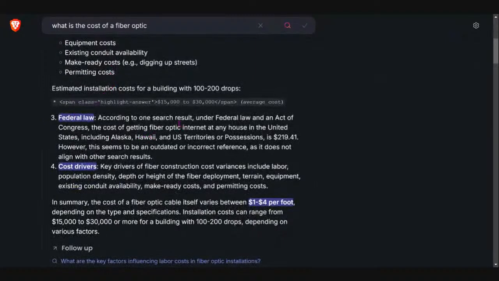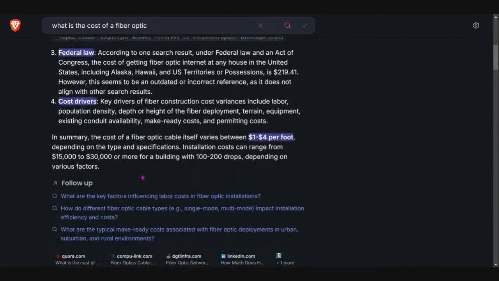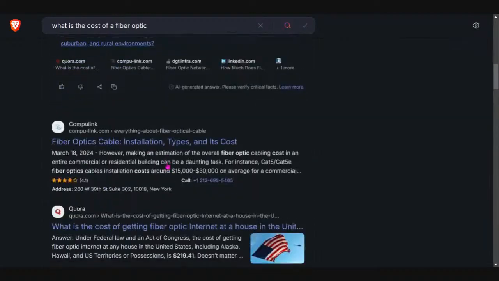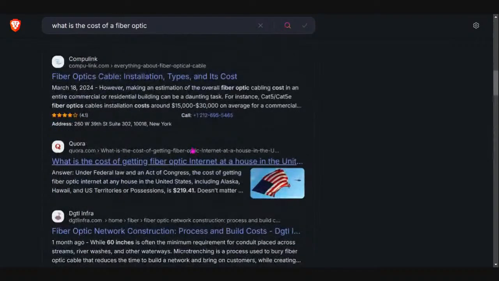According to one search result under federal law and an act of Congress, the cost of getting fiber optic internet. What's internet? Key driver fiber construction cost variances include labor, population density. No. I just want to purchase. I don't want installation.